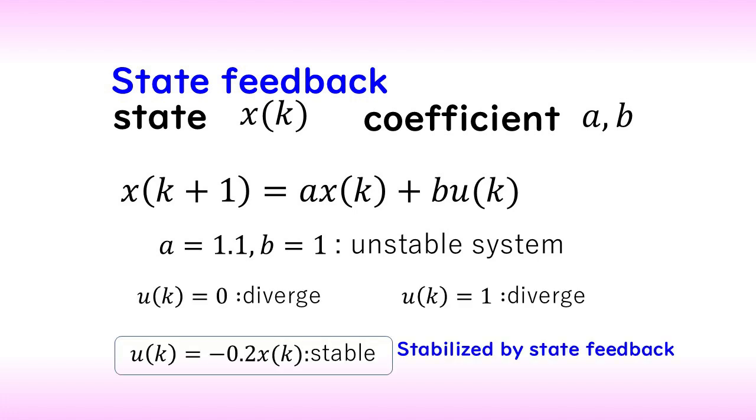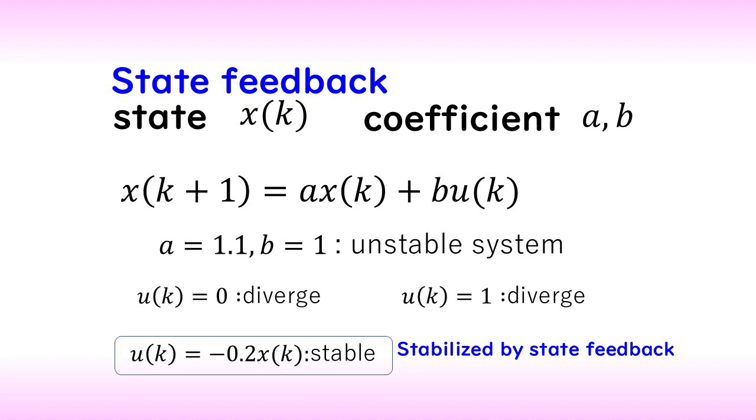When we select u(k) equal 0, in this case the output diverges, and also u(k) equal 1, in this case the output diverges to infinity or minus infinity. When we select feedback controller u(k) equal minus 0.2 x(k), in this case the entire system becomes stable.